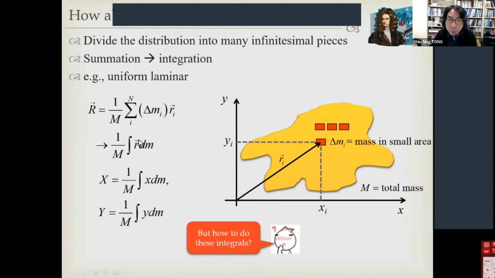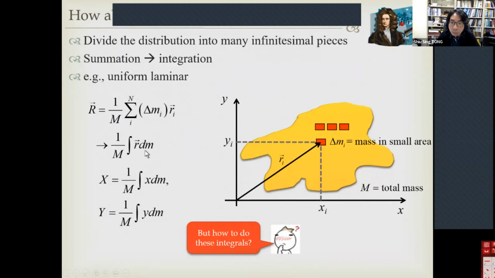This is not the position of the ith mass. The delta goes with the mass itself, so delta mi becomes dm, but R still remains R. So please notice that it is R dm, but not M dR.